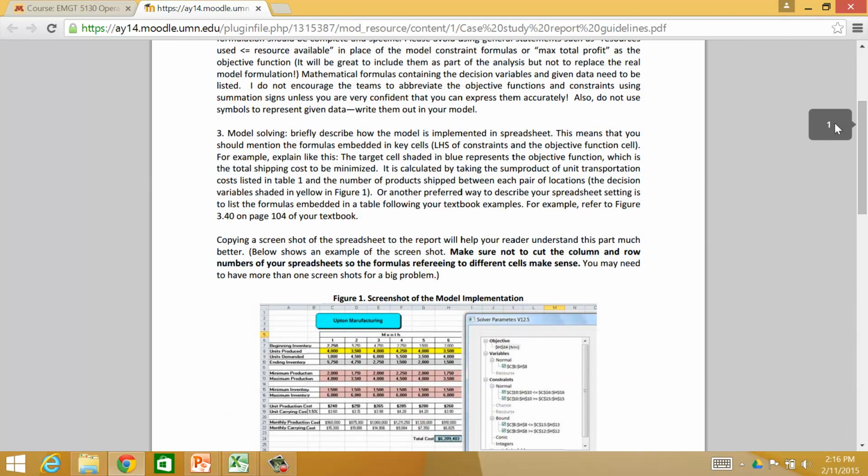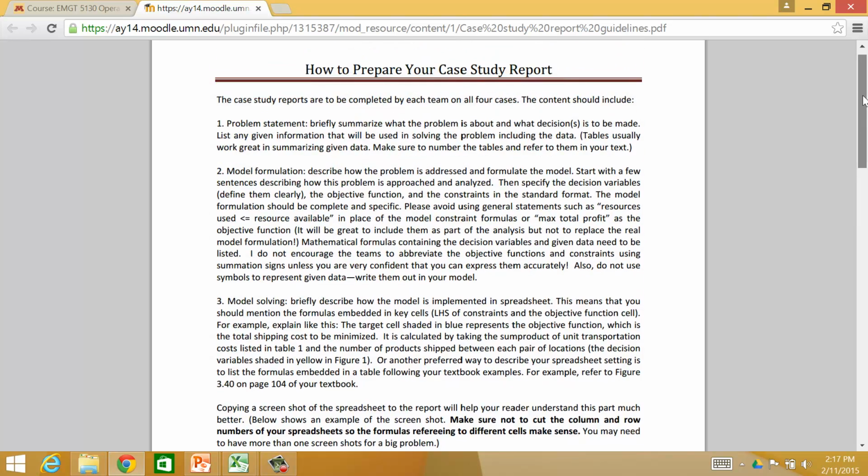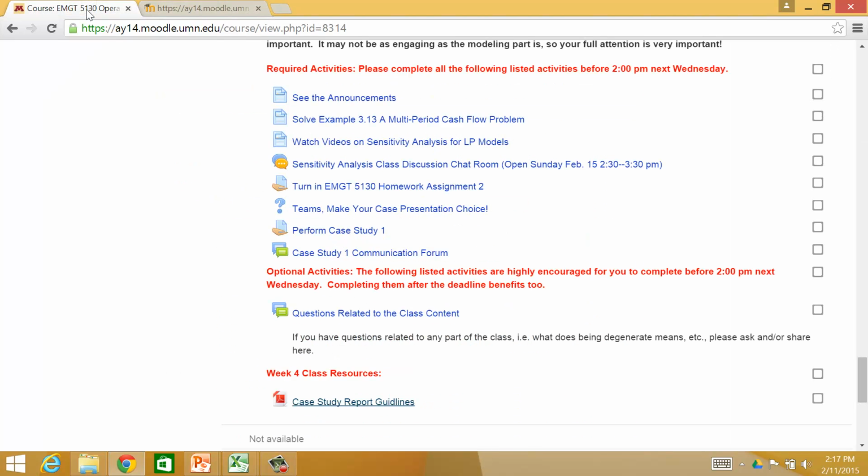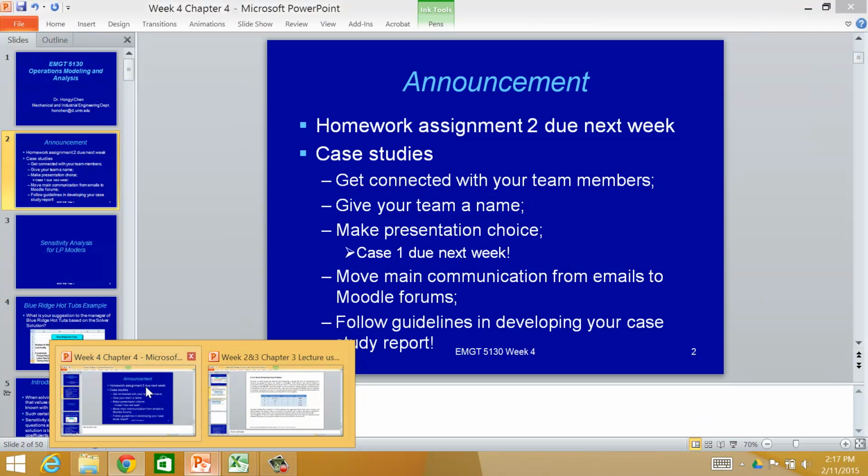I expect you to really read this before you develop your report, because I've seen things that I put here as do not do this, exactly on the report. So refrain from doing that. That's the guideline. And as I said, I'll put an example here so you can check it out. So that's the announcement I want to make.